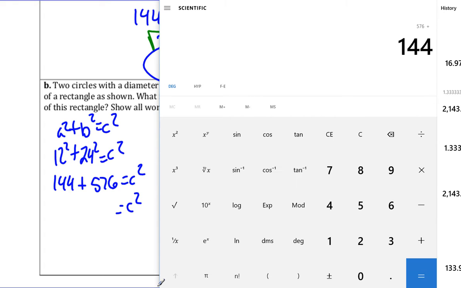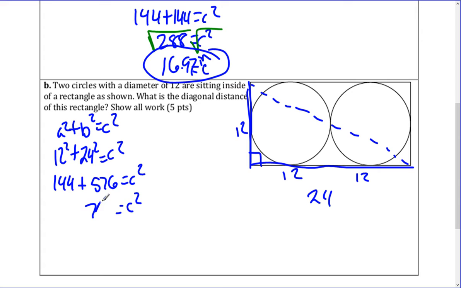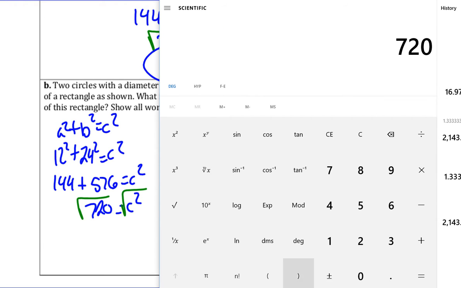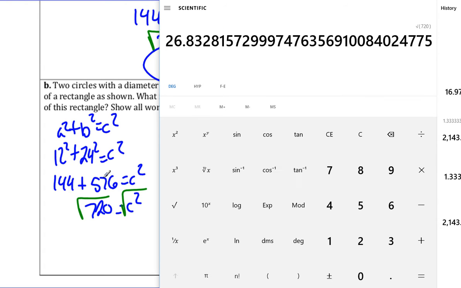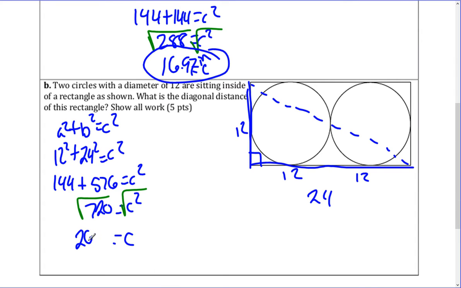And now to get the c squared gone, we square root both sides, and the square root of 720 is 26.83. So that is the diagonal distance of this rectangle.